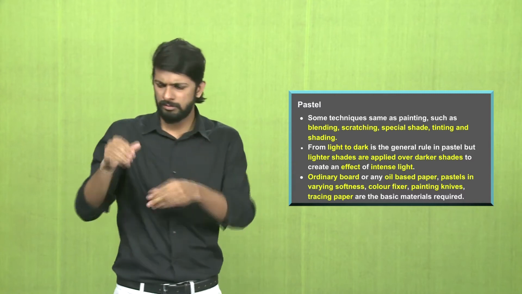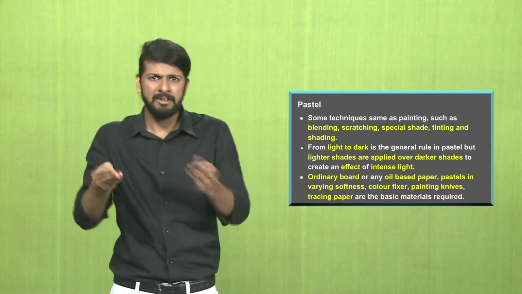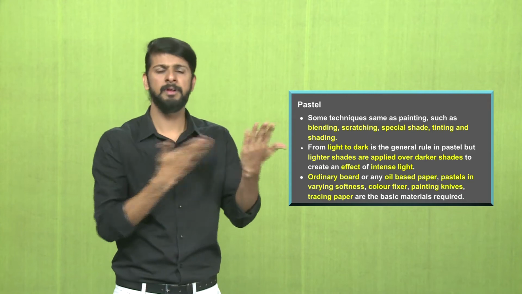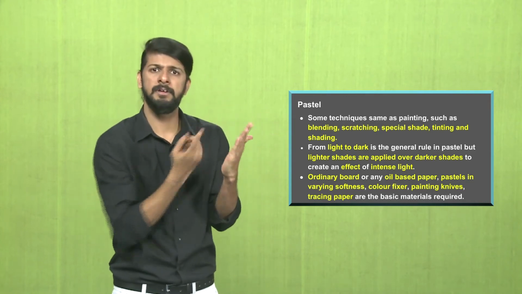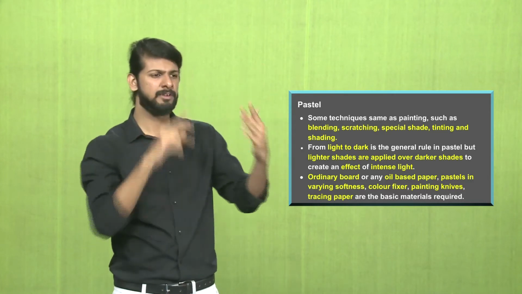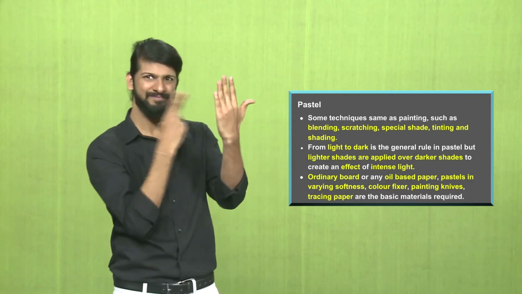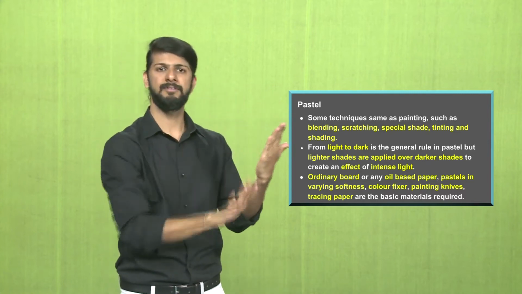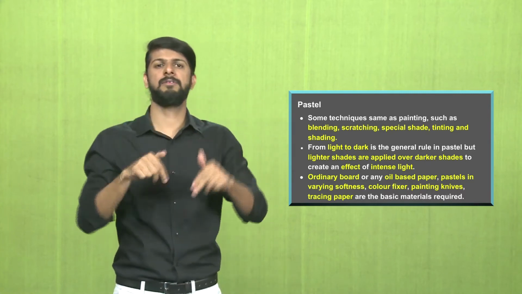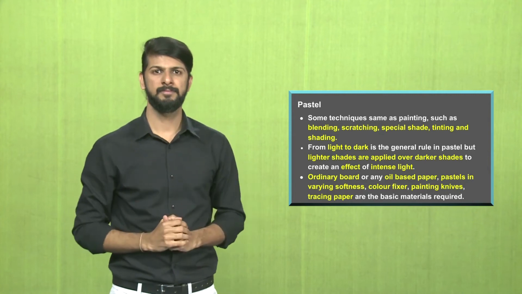Then there is something called a color fixer, which could be a chemical you use to fix the colors. Then you have painting knives and tracing paper. These are the basic items required for pastel work.